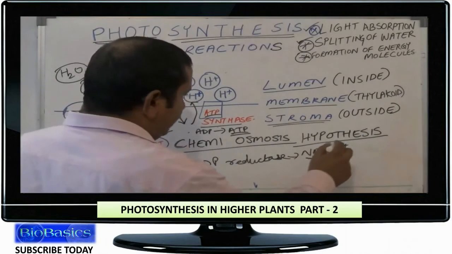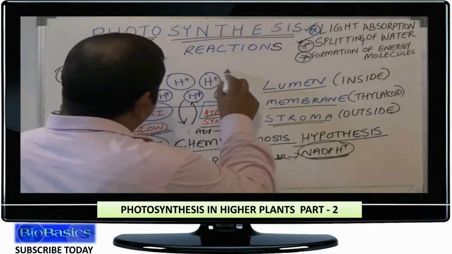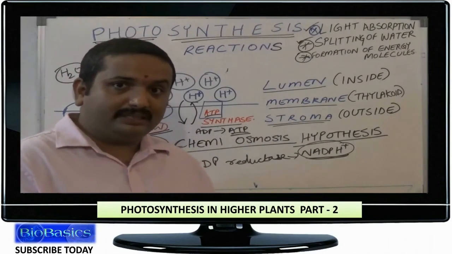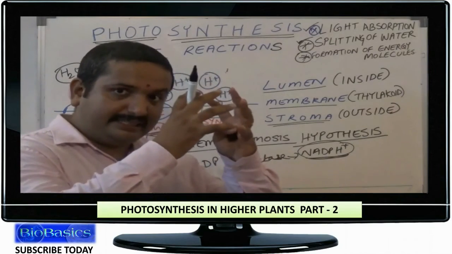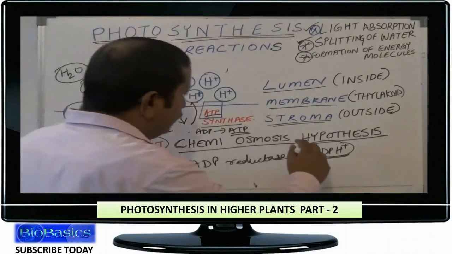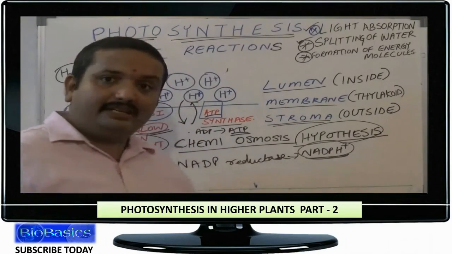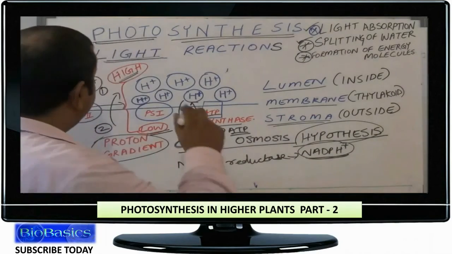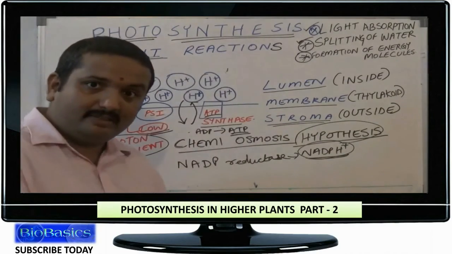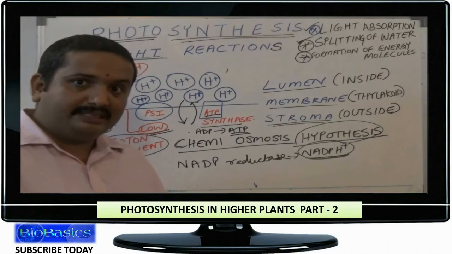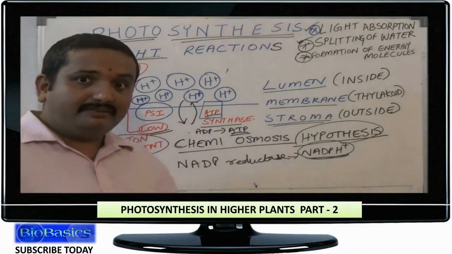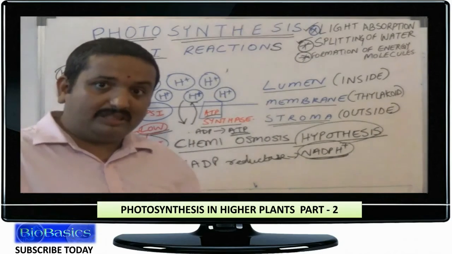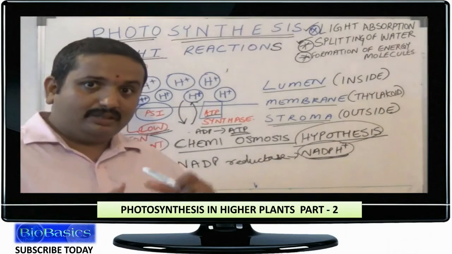So these protons are also getting accumulated here. That proton gradient is what is fundamental to the understanding of this particular hypothesis. So that is the most important keyword. What? The proton gradient, which you will have to remember when answering a question on the synthesis of ATP.